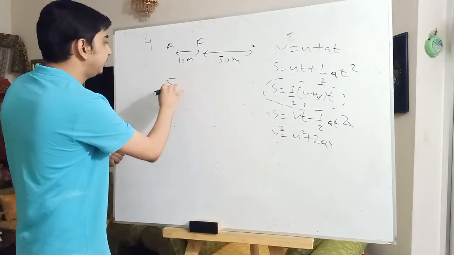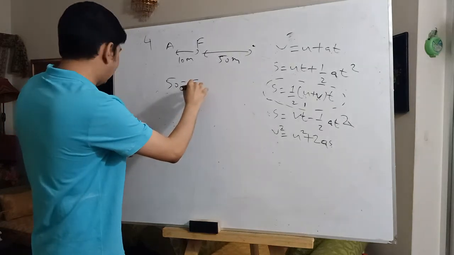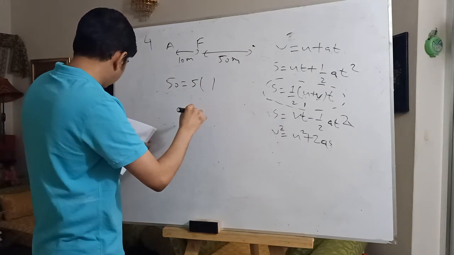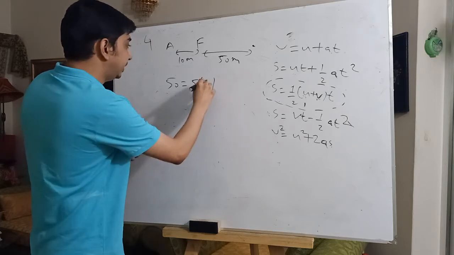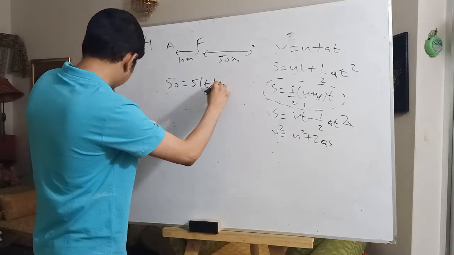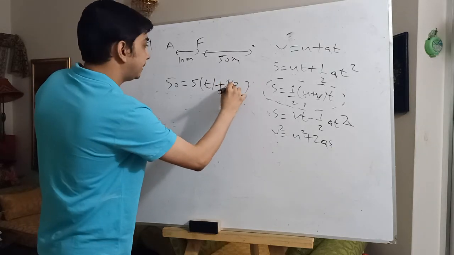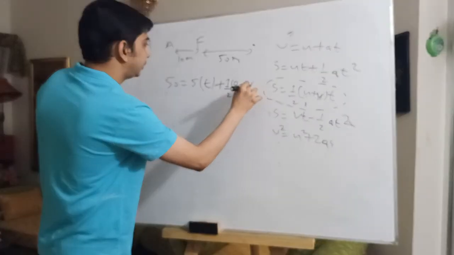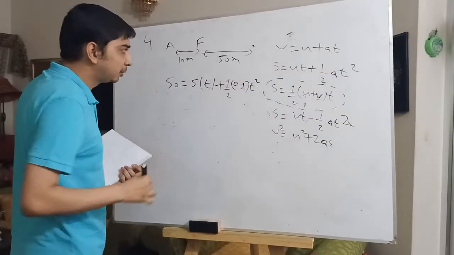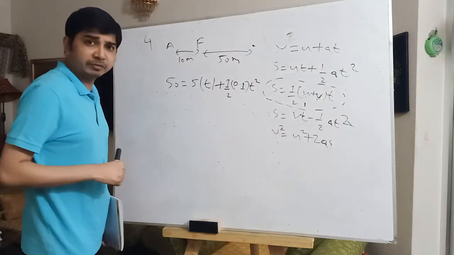So s will be 50, ut, so u is 5 like before, 5 into t, because I don't know the time now Fatima takes to go from here to here. Ut plus half a, a is 0.1, t square. So this is actually, you get a quadratic equation. You have to take 50 to this side, then you can just use the quadratic formula to solve this.